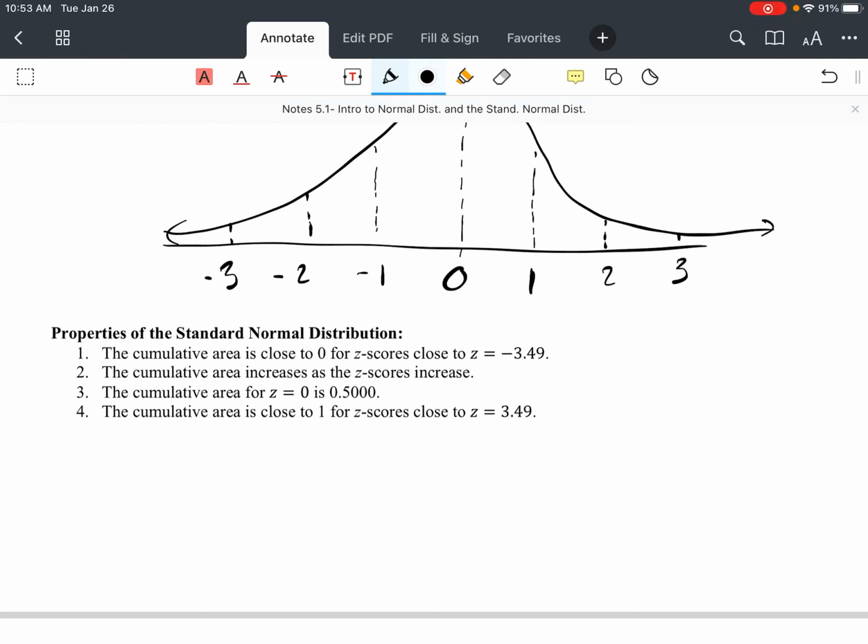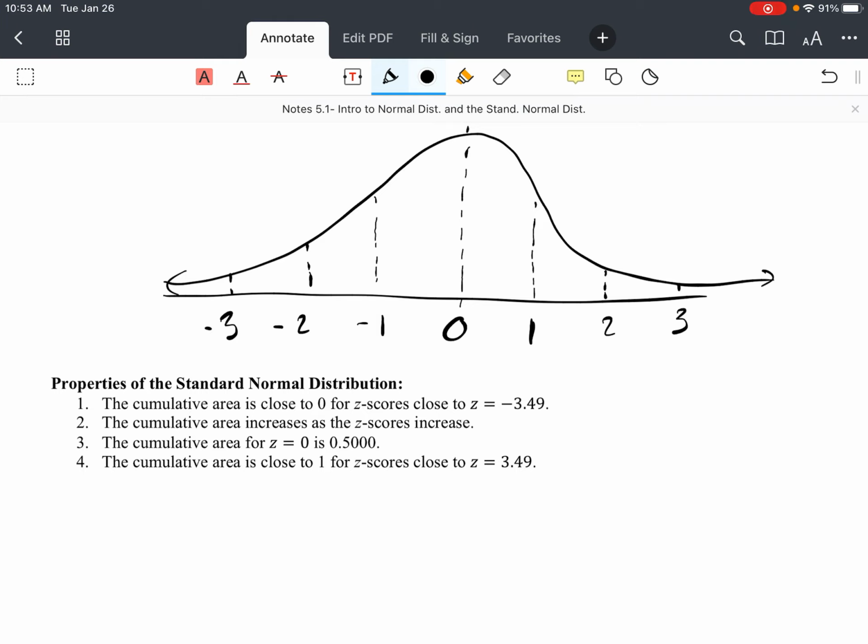All right, so properties. The properties are pretty much the same, but the standard normal distribution says the cumulative area is close to 0 for z-scores close to z equals -3.49. So in other words, if I go backwards to -3.5, the probability of whatever that event happening is really, really close to 0.